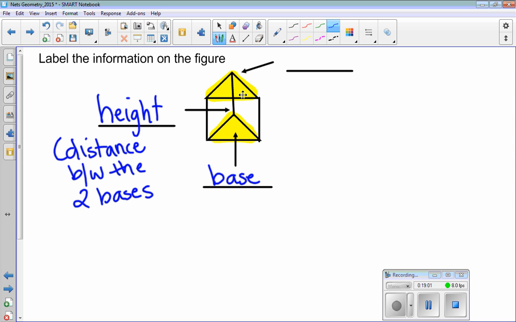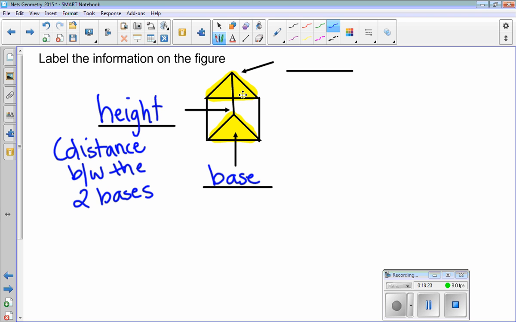So the slant height's something different. Slant height we really deal with when we talk about pyramids, okay? Not necessarily with prisms. I think they meant it to just be a base as well, okay? They just didn't draw it into the base itself. This edge really doesn't have anything, there's no special name for it.